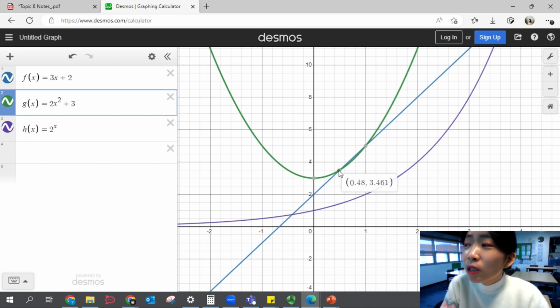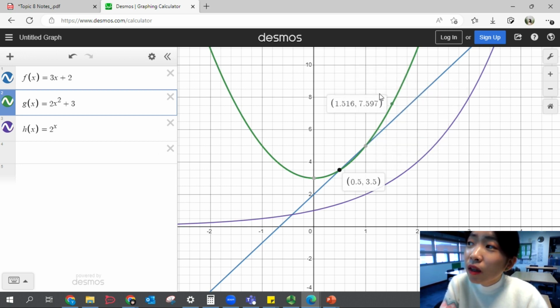And then at this point, blue exceeds, and then green exceeds again. So the y values of g of x were smaller than f of x for a short time, between 0.5 and 1, and then because it's curved, it's going to exceed again.